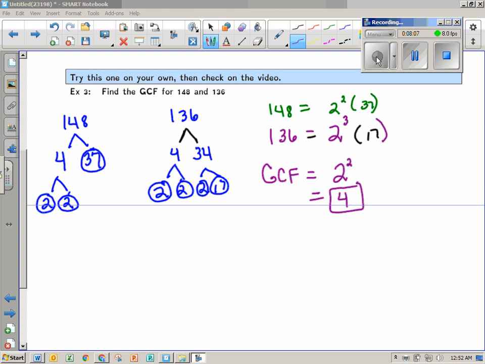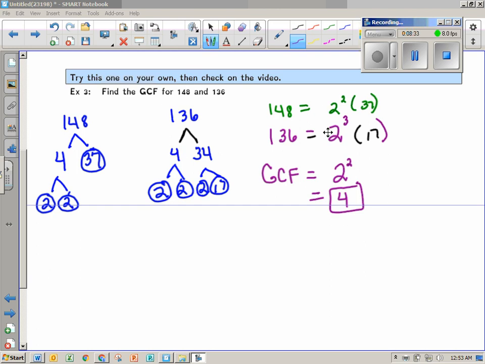All right, well, take a minute to look over what I've done. 148, you could have started with 2, but I started with 4 because I used my divisibility rule. 48 is divisible by 4, so I knew this number would be as well. And 136, same thing.